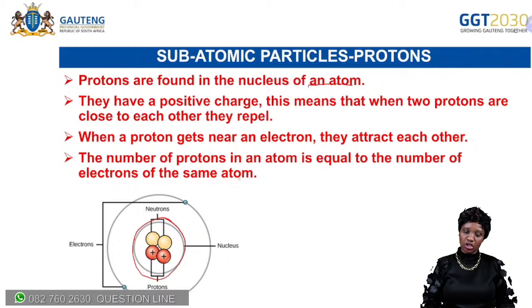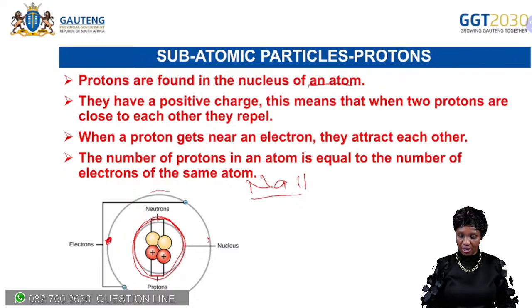Okay. Let's look at our atomic structure then. This is the nucleus of an atom. And then we've got the first energy level. I say the first energy level contains or holds 2 electrons. Now we want to do this for sodium, which has the atomic number 11. And then the second shell is going to hold how many? 8.